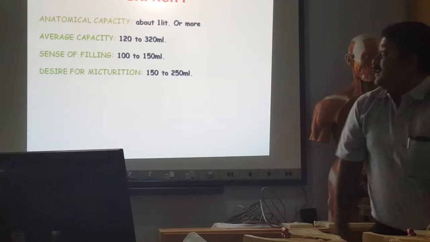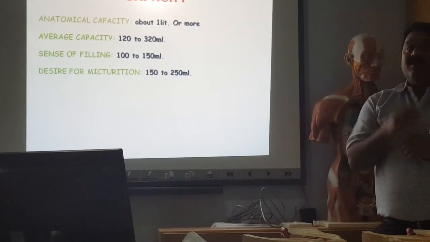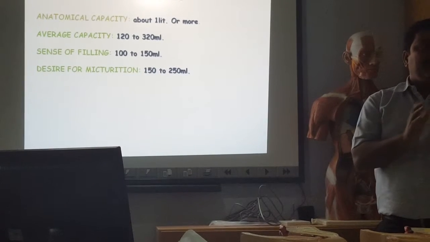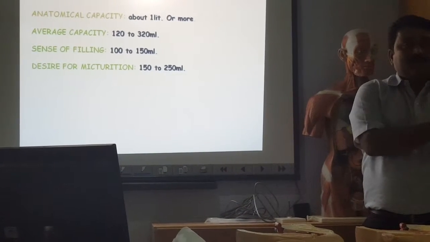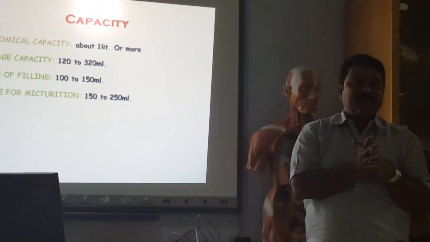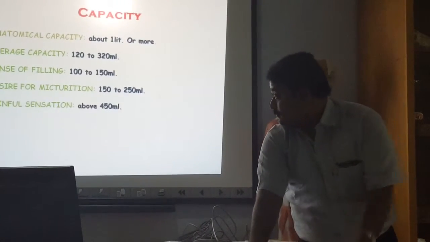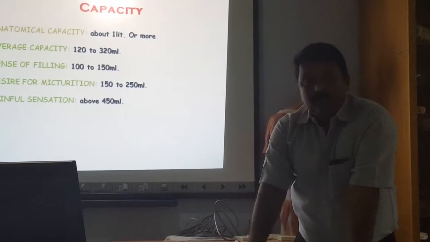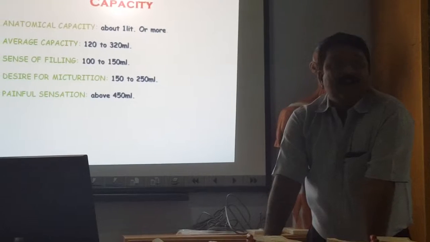And next is desire for micturition, that is about 150 to 250 ml. If it is full about 150 to 250 ml, you will desire to have micturition, isn't it? And next, the painful sensation you will get by filling 450 ml and above.